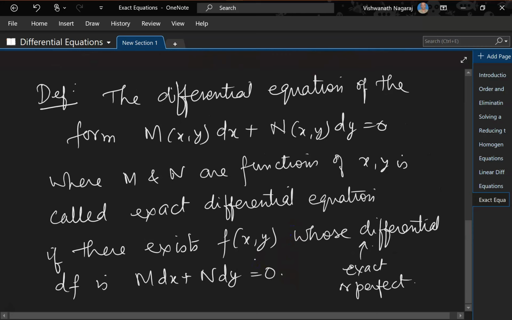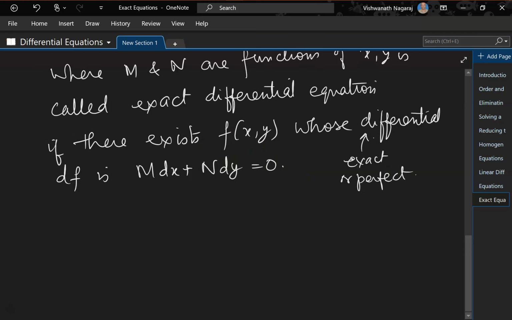So the way to look at this is, I have an equation of this form. If there is a function whose differential is this, then I can call it an exact differential equation.